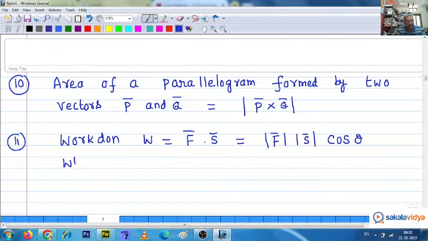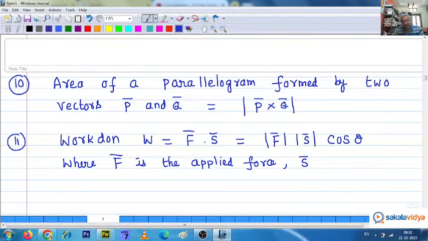Here F bar is the applied force, the force being applied. On applying the force, it undergoes displacement.